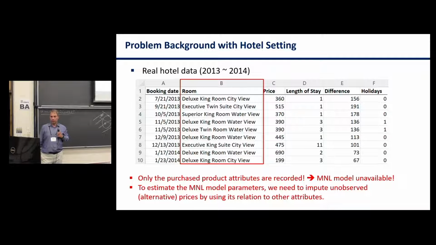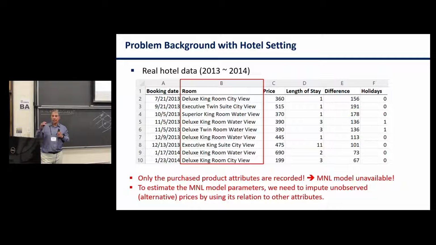We have certain booking dates. We know the length of stay. The difference means the booking window. And we know what room was chosen.